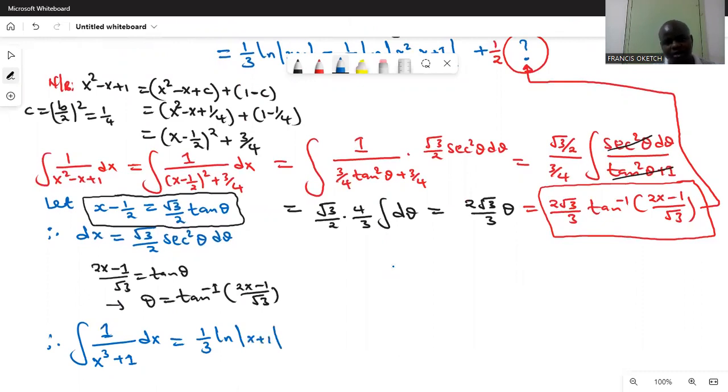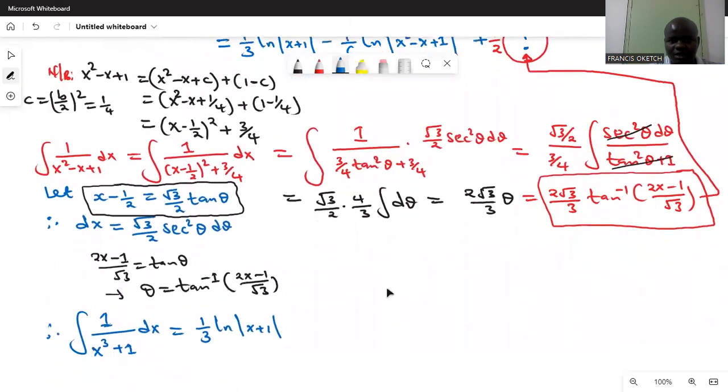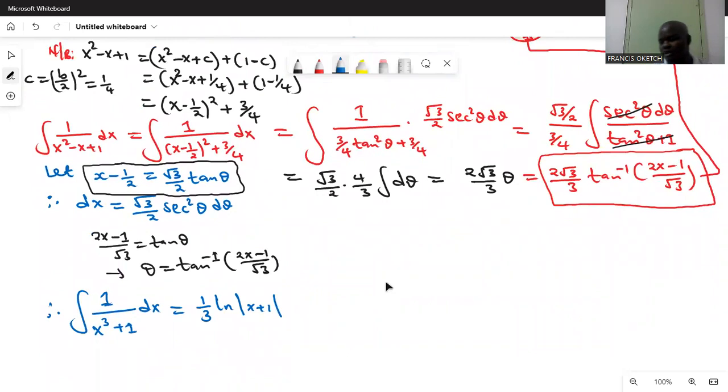Then I can see there's a minus 1 over 6 ln of x squared minus x plus 1. Then there's 1 over 2 times the answer here.